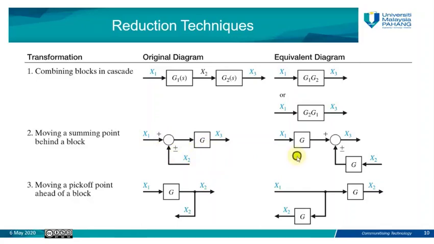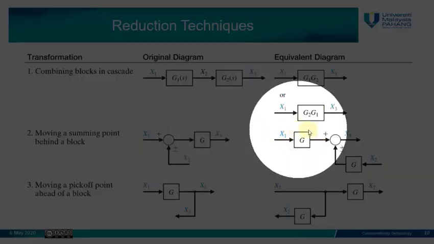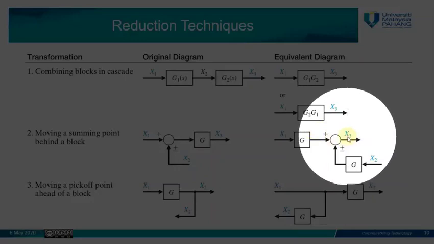In the equivalent block diagram, we need to multiply X2 by G because X2 goes through G. So we have X2 times G, and here we have X1 times G. So the value of X3 becomes X1 times G plus or minus X2 times G. It is the same as the original X3, so this X3 is equal to that X3.